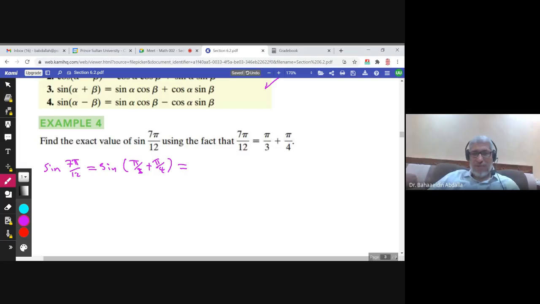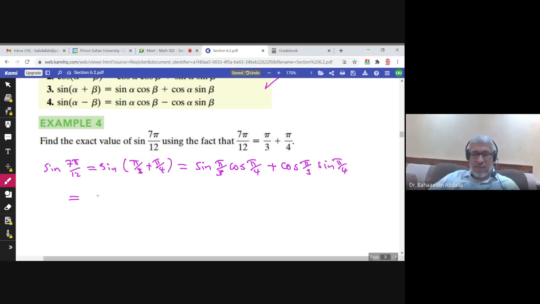This is the formula. Sine alpha, so sine the first angle, times cosine the second angle, plus the same sign, cosine the first angle times sine the second angle. And pi over 3 and pi over 4 are known to us, so just write the answer.